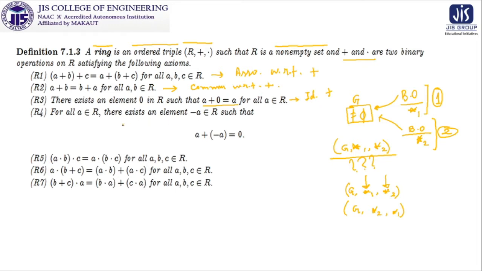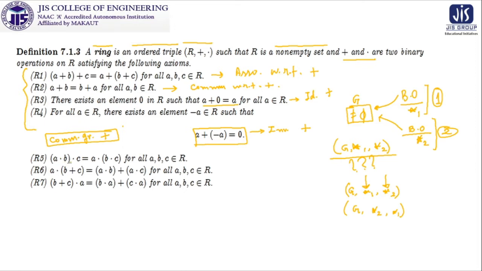And similarly, for all a in R, there exists an element -a in R such that a + (-a) = 0. It indicates the inverse property for all the elements in R with respect to plus. So up to this, we conclude that it is a commutative group with respect to plus. But there are some more properties.